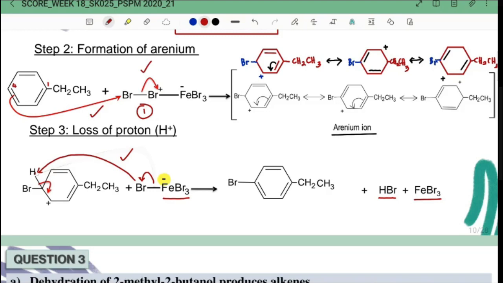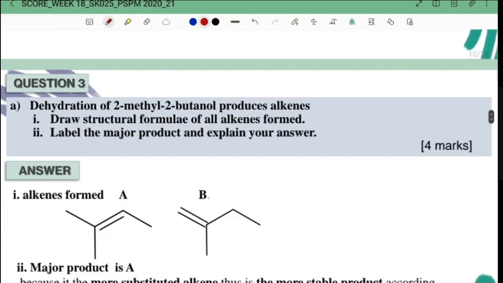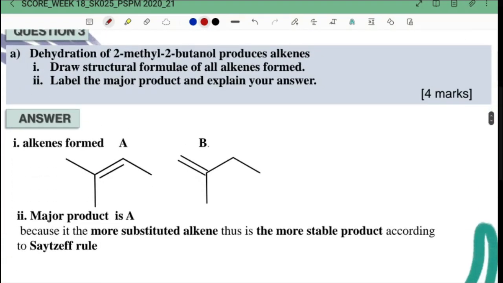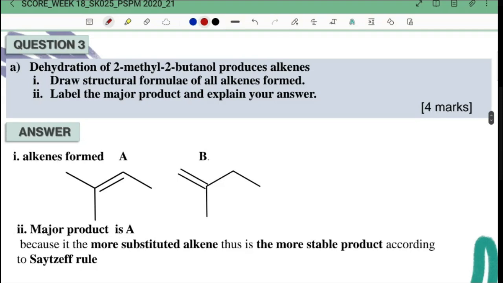Okay, can we proceed to the next question? Question number 3. Saya kena cepat lah sebab dia punya internet ni.